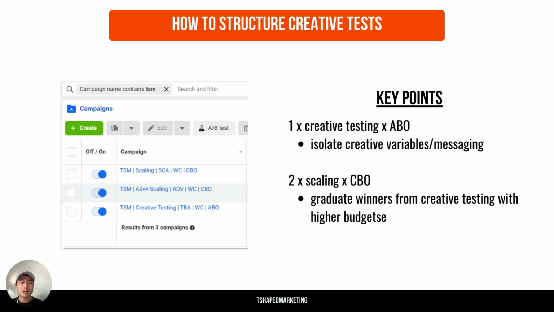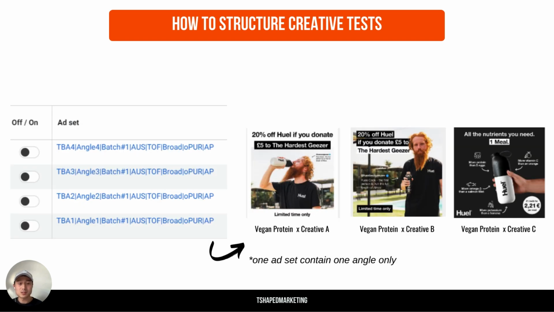For me, at the creative level, I just want to test every single variable possible. And once verified, I move them into Advantage Plus scaling and see how they react with a higher budget. So this is inside the creative ABO.